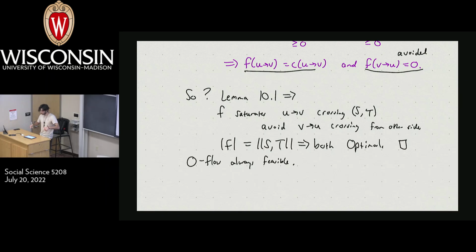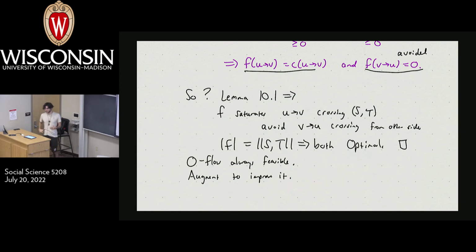Then we continually use augmenting paths to improve it. And because flows are finite objects, eventually you hit the maximum and you can't improve it anymore.